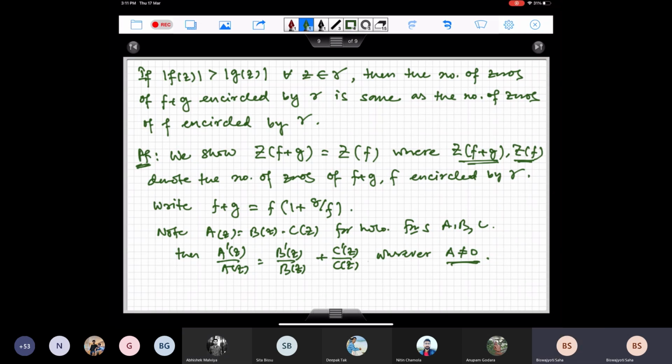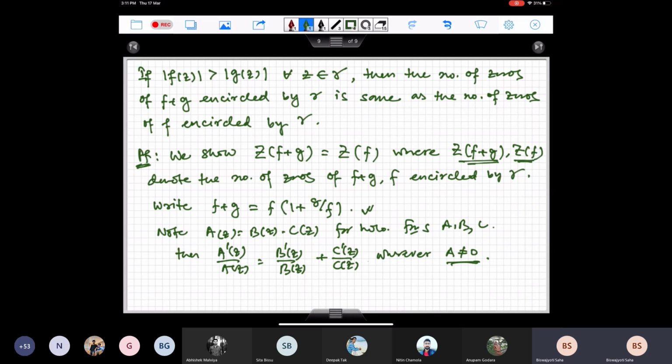All of you agree to that? Yes, sir. Therefore, I will apply this for this one. Now here, first of all, I need a to be non-zero. So let us observe that f is non-zero, because I can clearly see that mod of f is bigger than mod of g, which is bigger than or equal to 0.